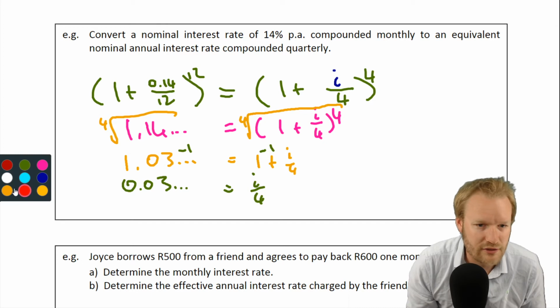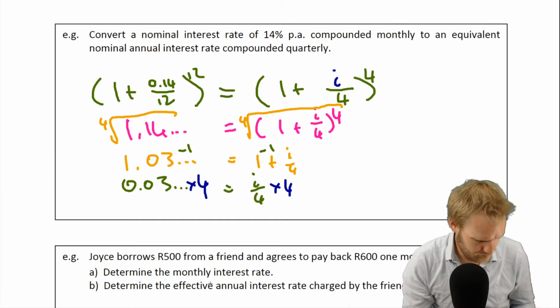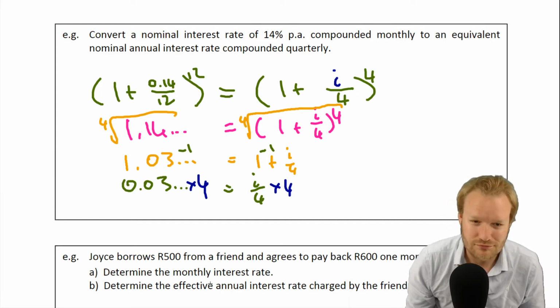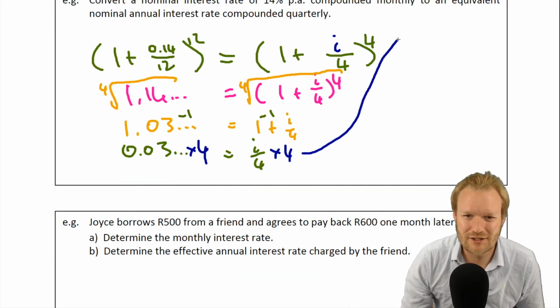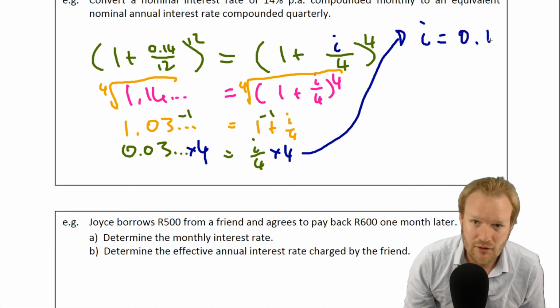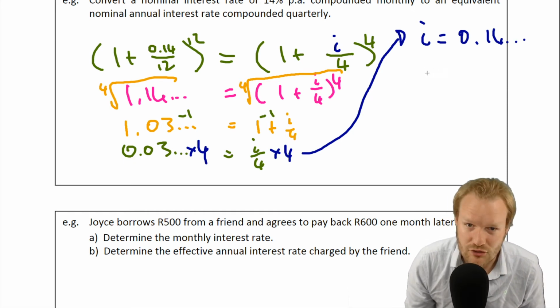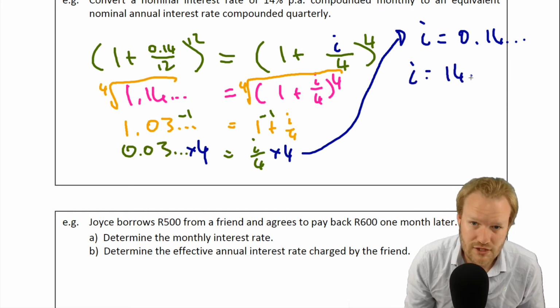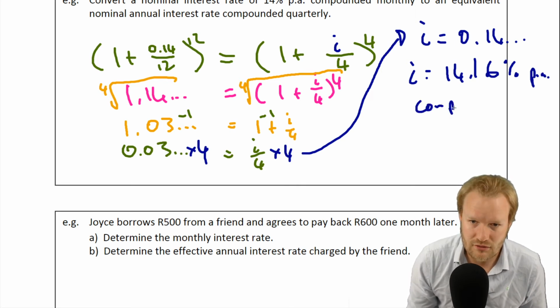Let's go times 4, times 4. So we've got i equals 0.14 something or other, times 100. And when we times by 100, we get i equals 14.16% per annum compounded quarterly.